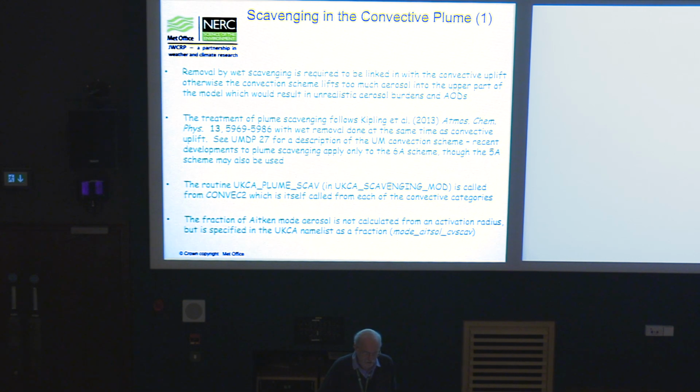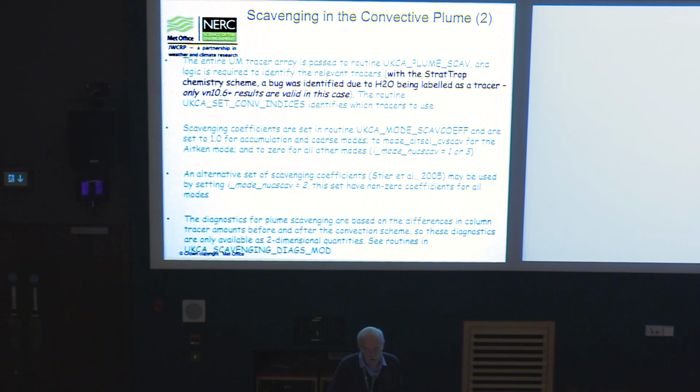The only problem with this is we don't know the fraction of the aerosol, the Aitken mode aerosol, which can be activated, even if we know the scavenging radius. So we have a simple fraction there, and that's because we only have the tracers. We don't have the ancillary information to work that out as we would do in the aerosol scheme.